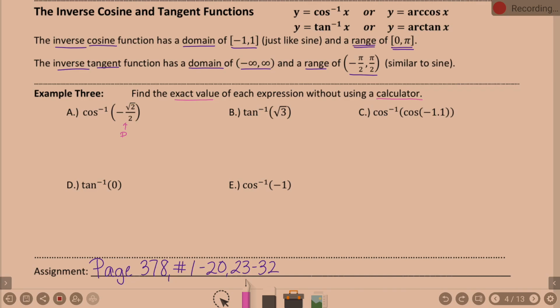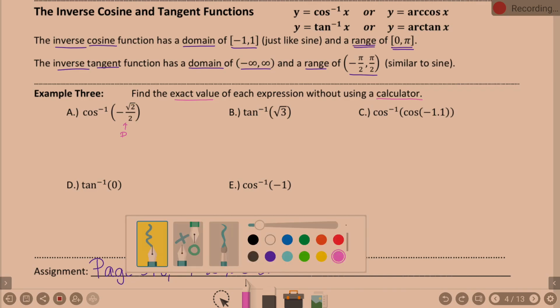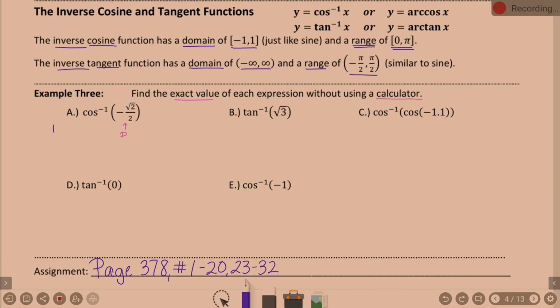Pi over 4, yes? So we're going to think pi over 4. But what's the catch? You need a negative quadrant.